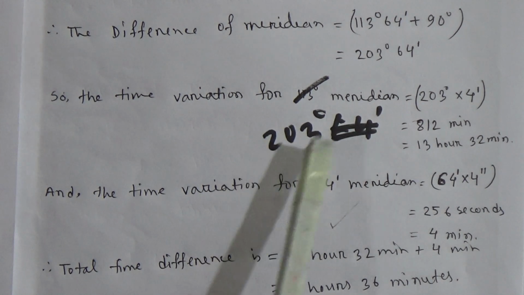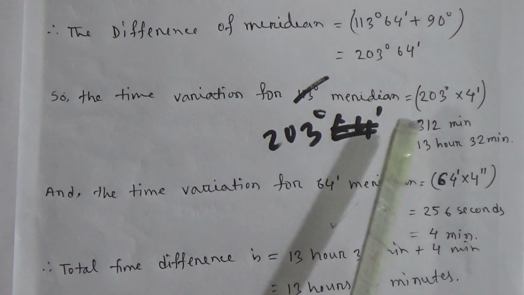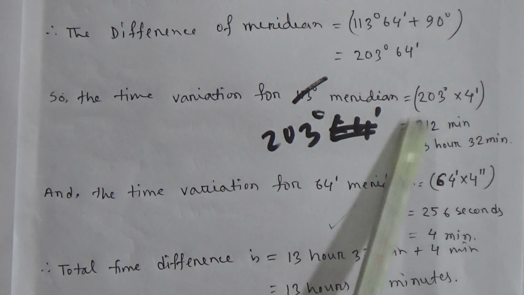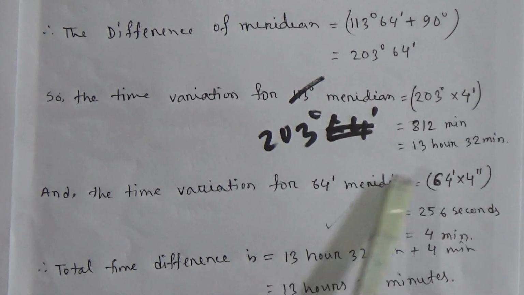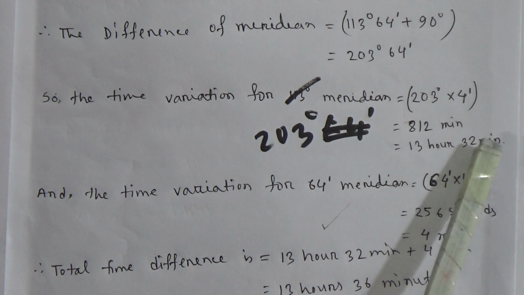So with 203 degrees we will multiply 4 minutes. That means it will be 812 minutes. And if we calculate this into hours, it happens 13 hours and 32 minutes.